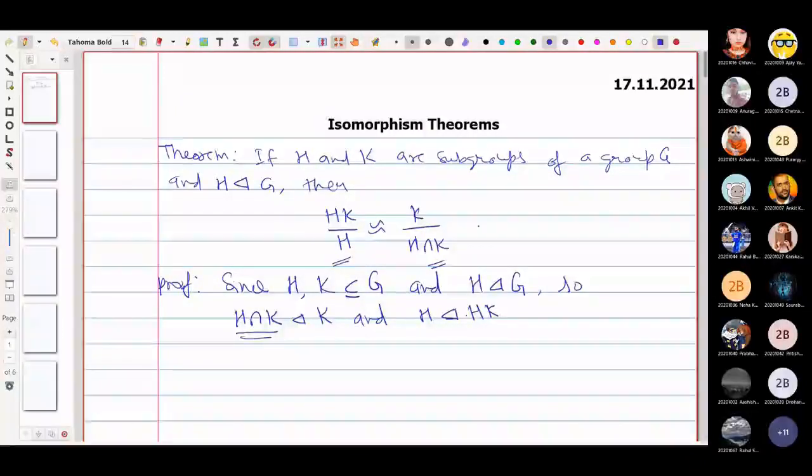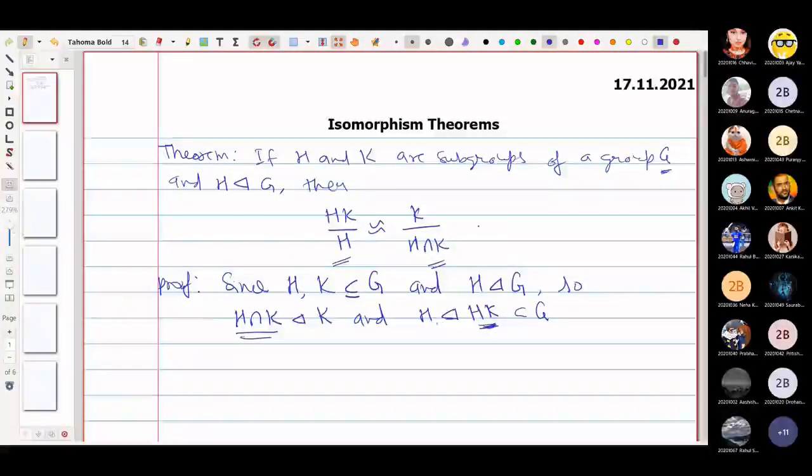Using this condition, we proved that if there are two subgroups of G, H and K, and any of them is normal in G, then of course HK becomes a subgroup of G. Since H and K are both subgroups of G, their product will be all elements from G only, so it is contained in G.